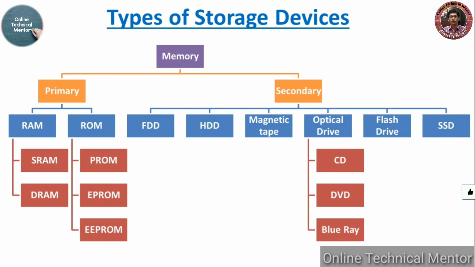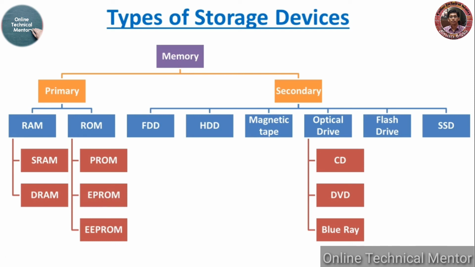ROM can be classified into three parts, that is PROM, EPROM and EEPROM. PROM means programmable read-only memory. That means one can write a program on a ROM, but it is one-time. After that, it cannot be erased or modified. Next, EPROM, erasable programmable read-only memory. That means one can erase the program within the ROM, but it is not so simple.